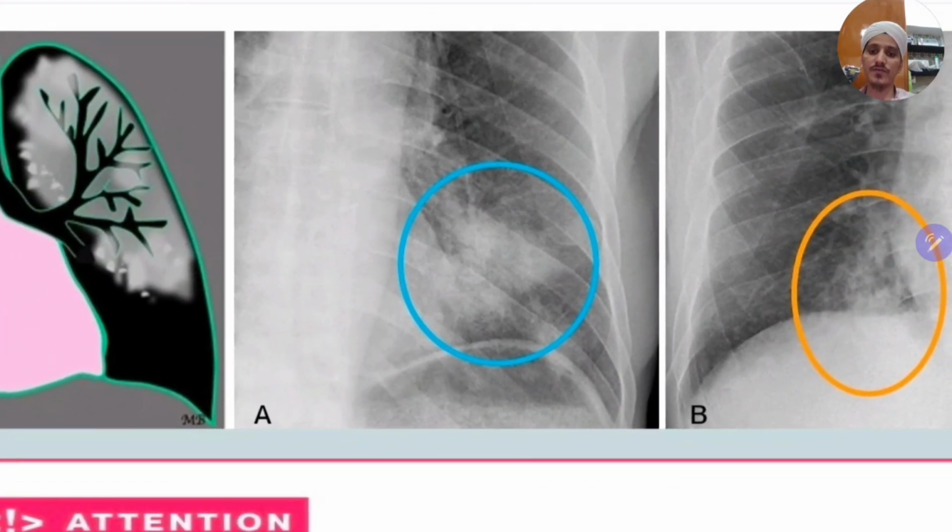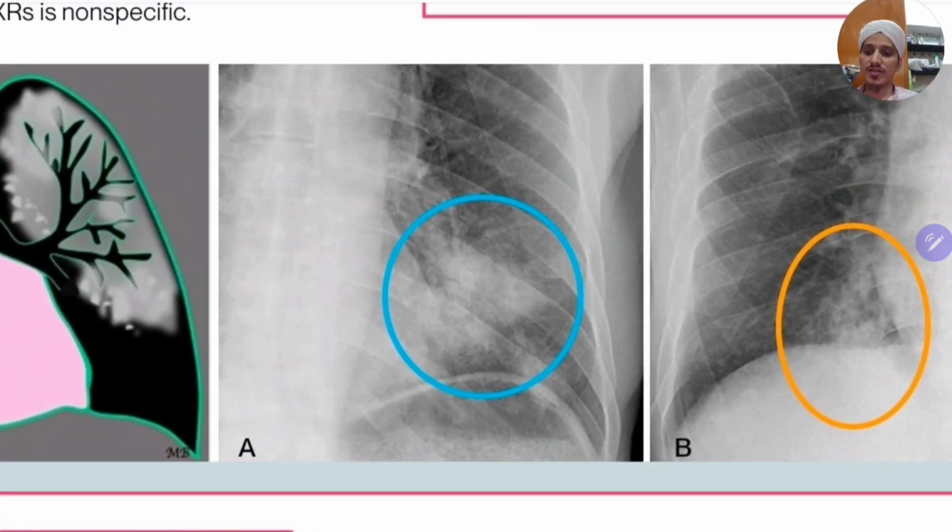Now this is example one. You can see a patchy wedge like opacity present in the middle zone of the lung, and the cardiac silhouette sign is present here.